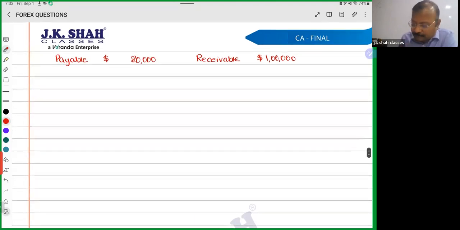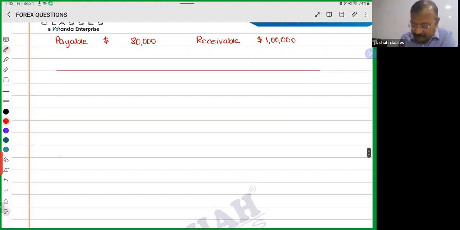Now, let us presume. Now if we take the balance sheet and P&L, let's say this is my balance sheet. This is my P&L.